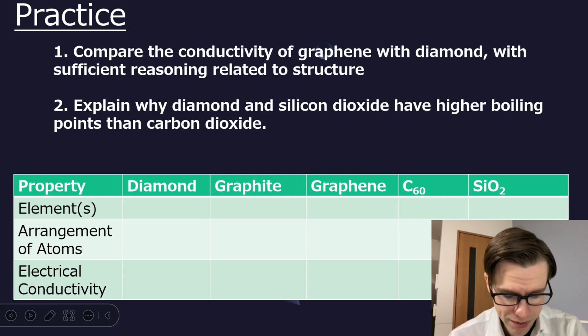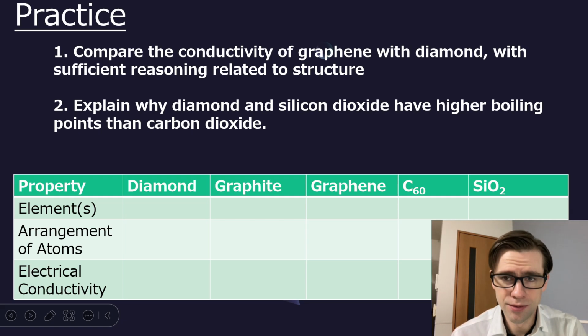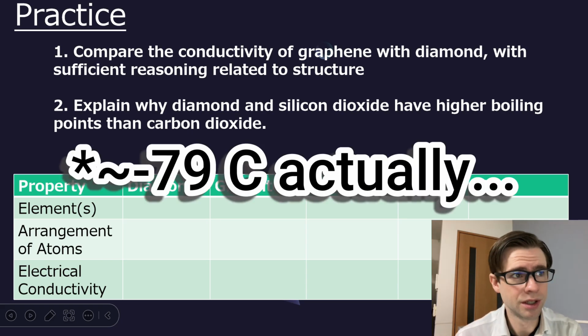Question 2. Explain why diamond and silicon dioxide have higher boiling points than carbon dioxide. Carbon dioxide has a very low boiling point. You've probably rarely seen dry ice, which is very cold, below minus 100 degrees, where carbon dioxide solidifies.